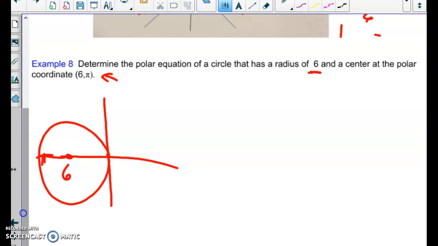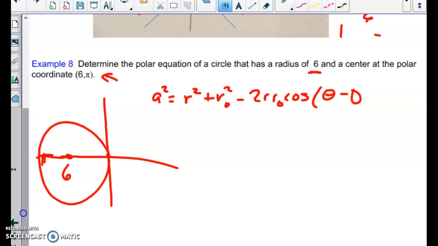So I'm going to say that a squared is equal to r squared plus r sub o squared minus 2 times r times r sub o times the cosine of theta minus theta sub o. And let's plug some values in here.